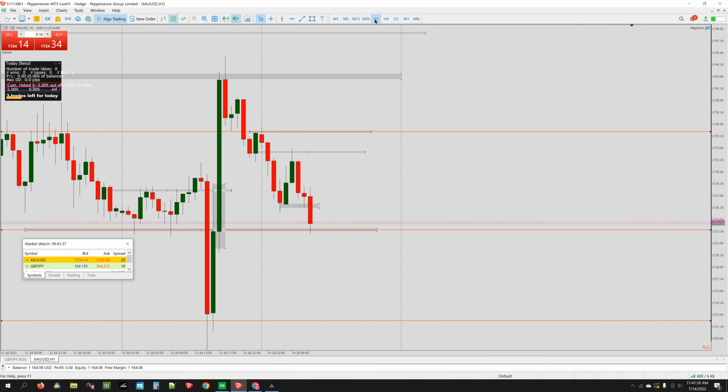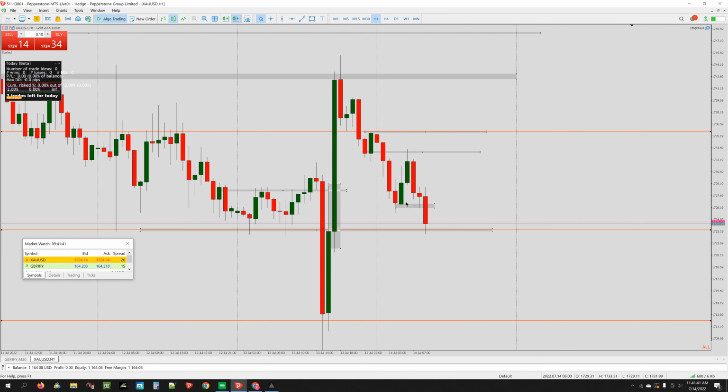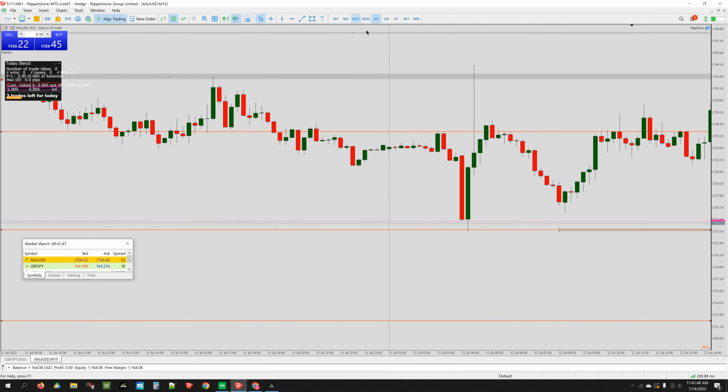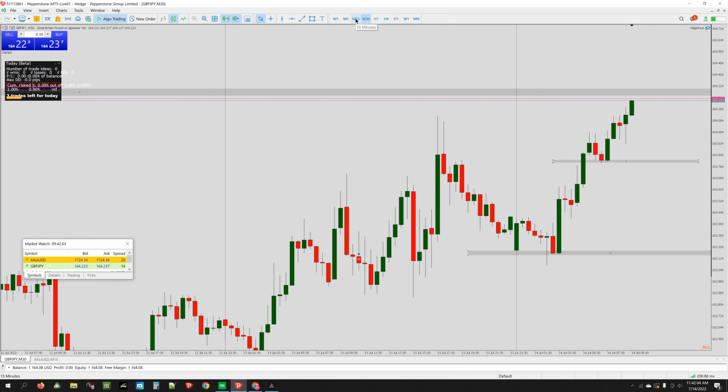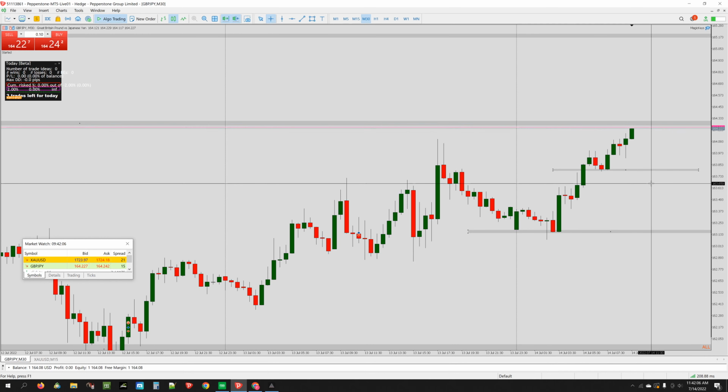For now we are just waiting in gold. In gold we are also very careful, and we are just waiting for candles to show us something that we like, and we may trade based on those patterns. But today it is very tricky to trade because we have big ranges, and we will be waiting.